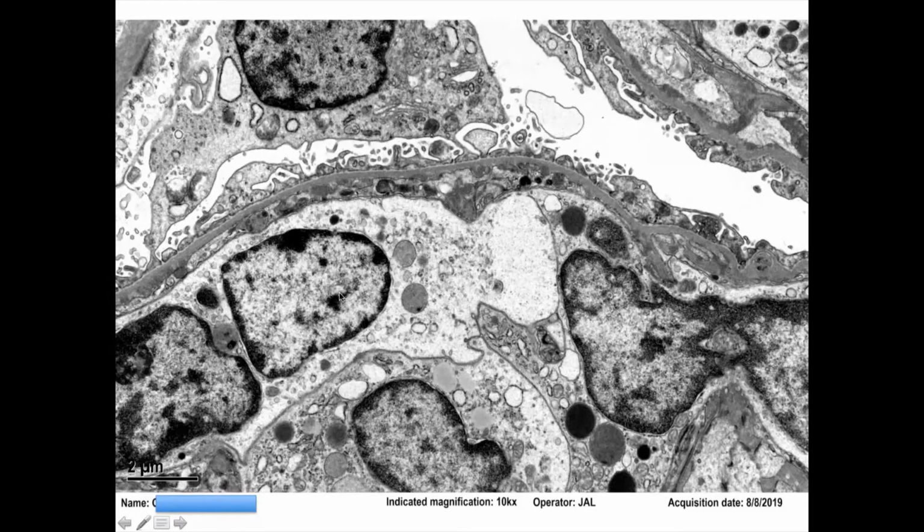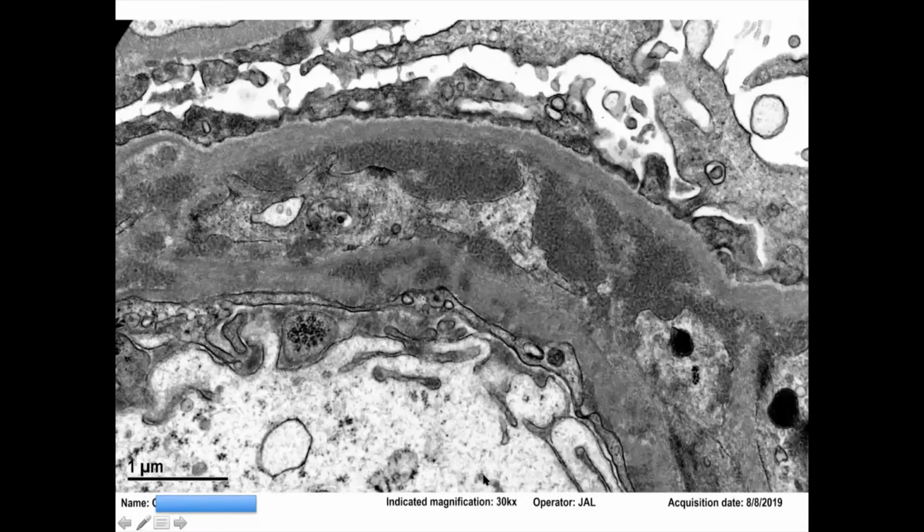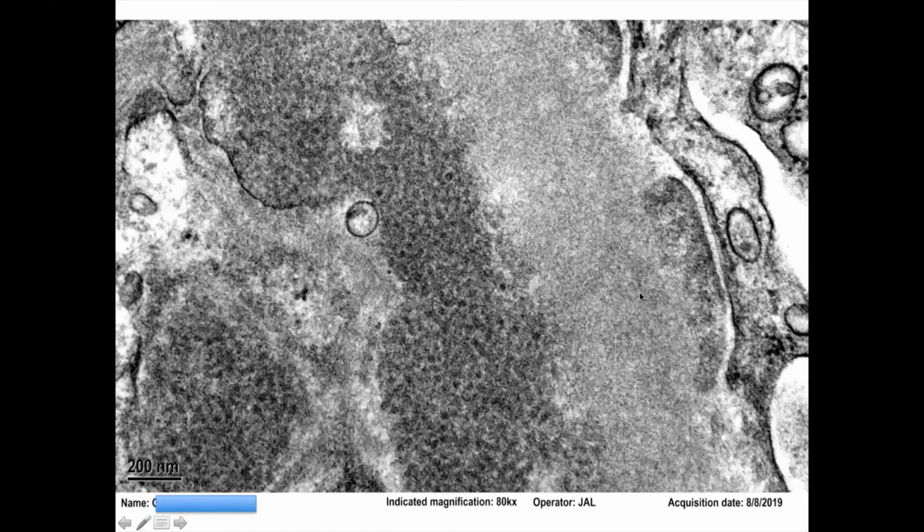All right, we are now على 10K, نروح أزيد, نروح على 30K, and we see there is a substructure to these deposits. Okay, there is a substructure وكأنه beads. It's a bit cylindrical. خلينا نروح على higher power.